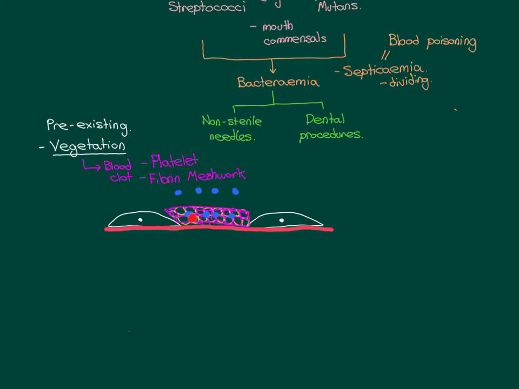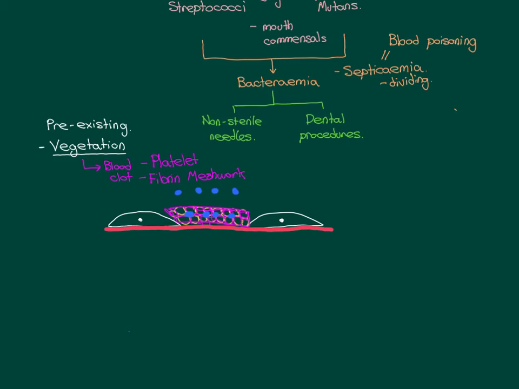Indeed, some of these bacterial cells will now even go into the connective tissue underneath. So this, remember, we're imagining is the endothelium over a valve cusp, so underneath we'll have the layers of connective tissue. Some of these bacterial cells might go into those layers of connective tissue underneath, and there they're going to activate sentinel cells, which is how you're going to get the inflammation.